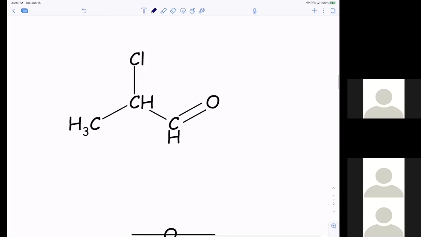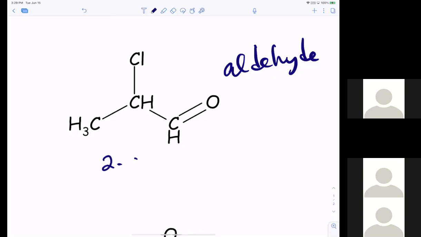What's that? Somebody other than Dimitri or Hisham. Isn't that an aldehyde? It is. So Madeline, what's its name? 2-chloropropanal. Very good.